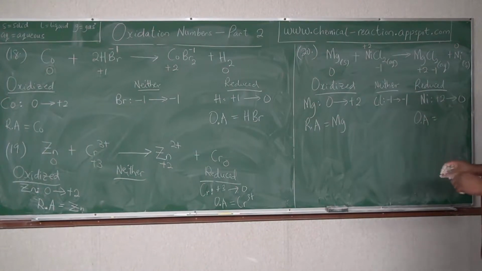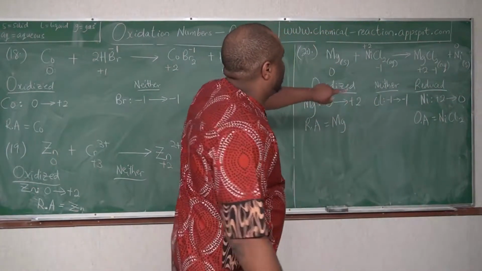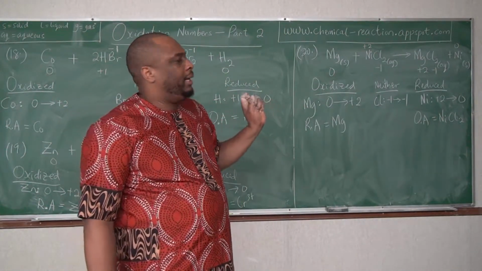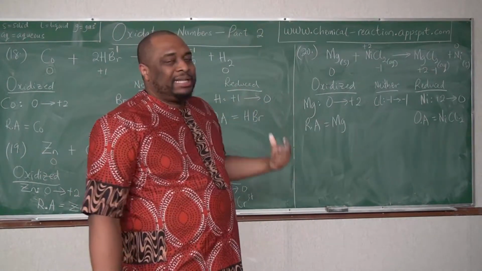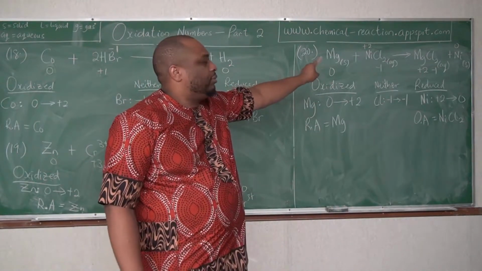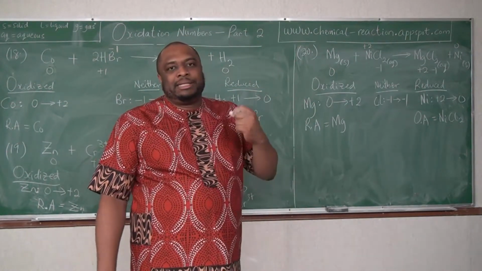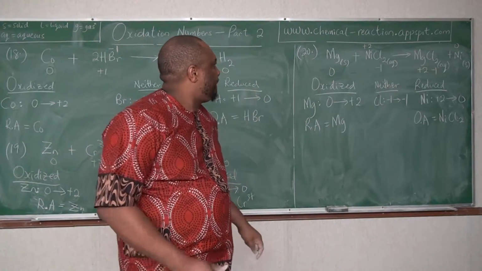No. It is nickel 2 chloride. That's the oxidizing agent. Do not write nickel. Nickel is the substance that is reduced. So the oxidizing agent is nickel 2 chloride, while magnesium is the substance that is oxidized. The reducing agent is magnesium.